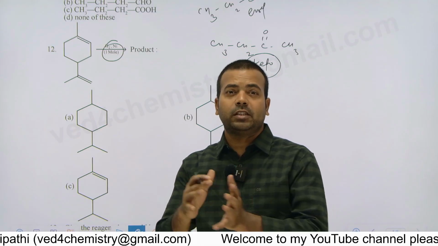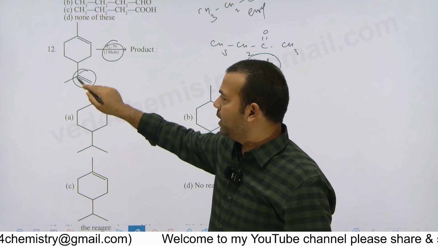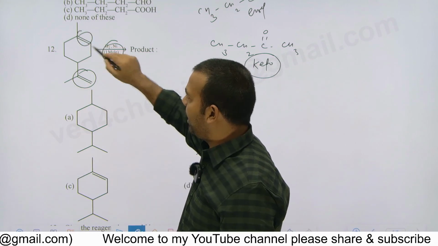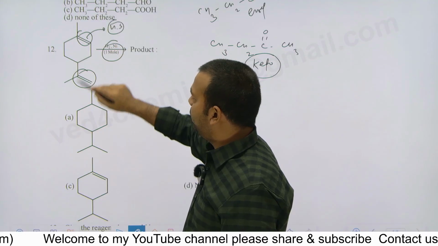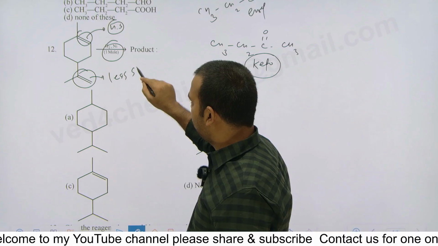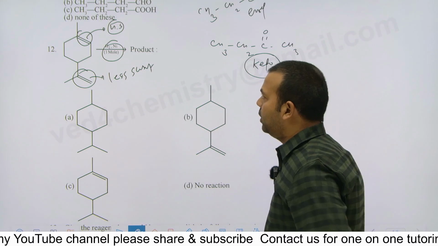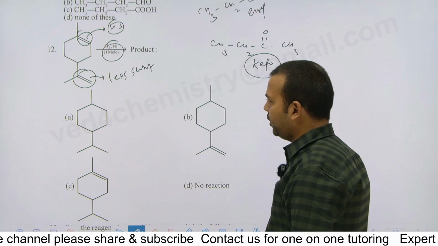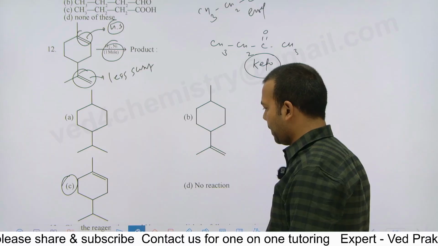Hofmann means less substituted double bond. If you look at this double bond, it has fewer carbon chains, while this double bond has more alkyl groups. So this is highly substituted, which means stable, and this is less substituted, so this one is the unstable one, so we can reduce this double bond. The top one, the ring one, will remain the same. The right choice is C. Clear?